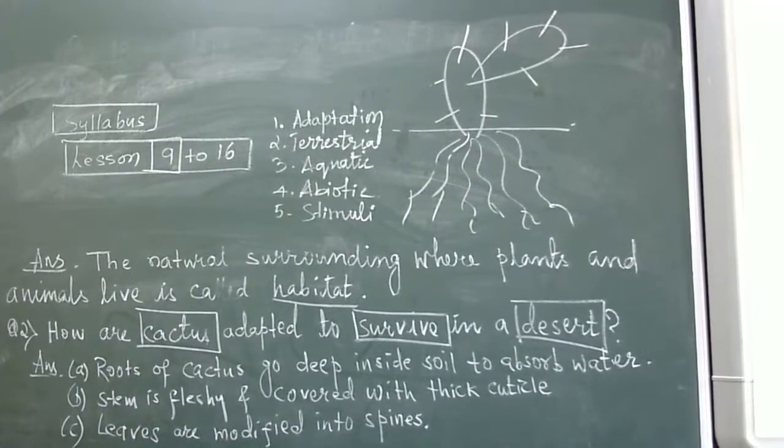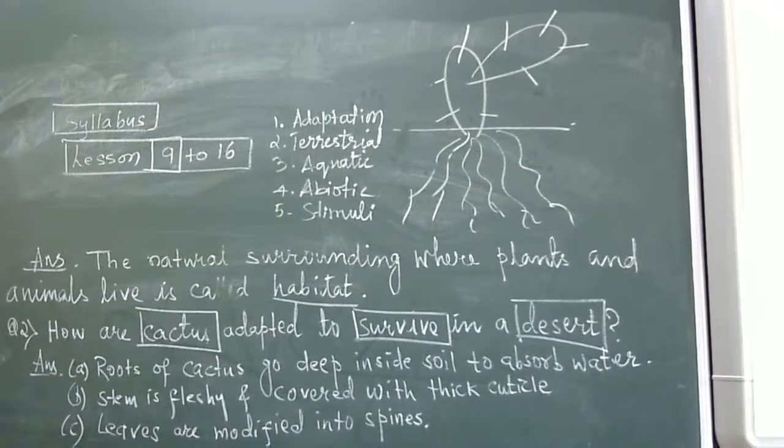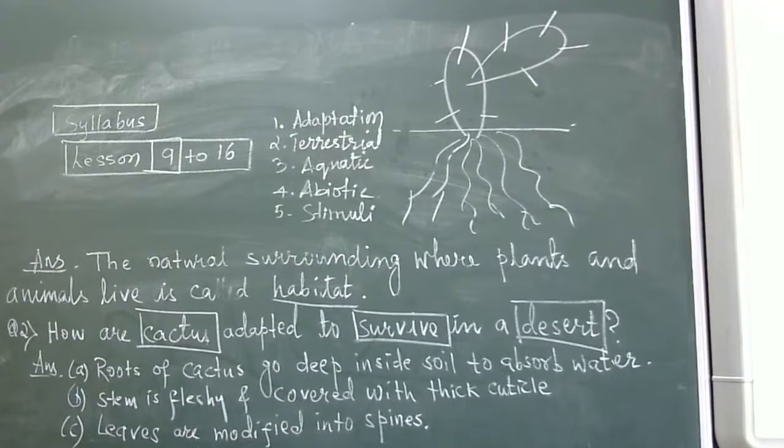So running fast is the adaptation in grassland habitat, because in grassland habitat very few trees are there for animals to hide. Are there many trees to hide in? No. In grassland habitat very few trees are there.